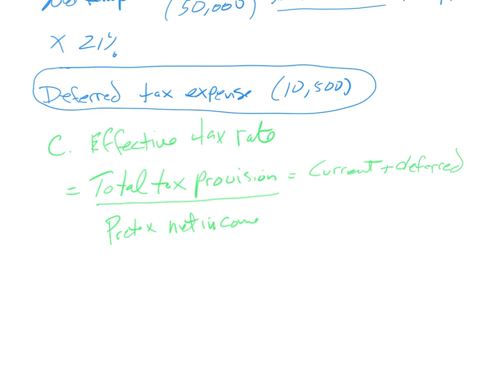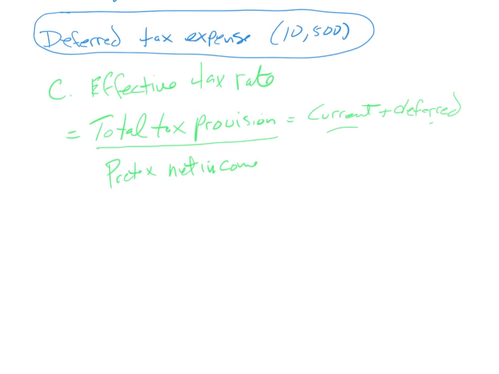Once you found out your current and your deferred portions, you've done the hard part of this. You just have to remember to put it all together. So let's figure out our effective tax rate. We know our total income tax provision, because that's parts A and B combined. So part A was $168,000.